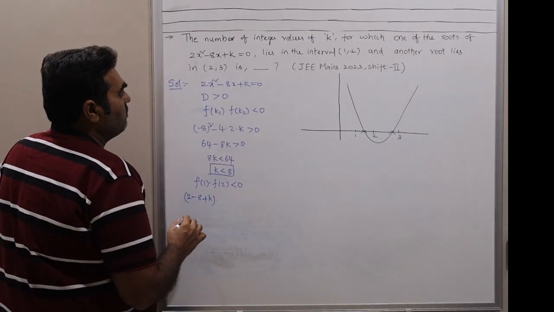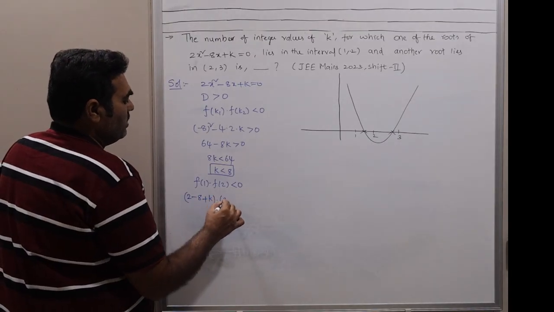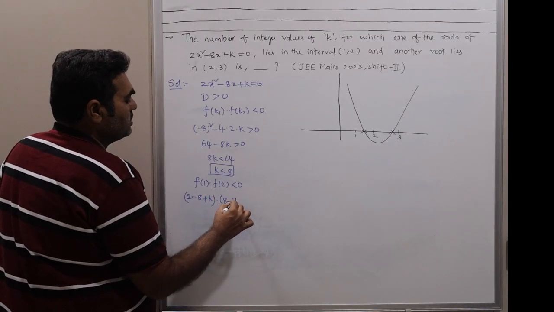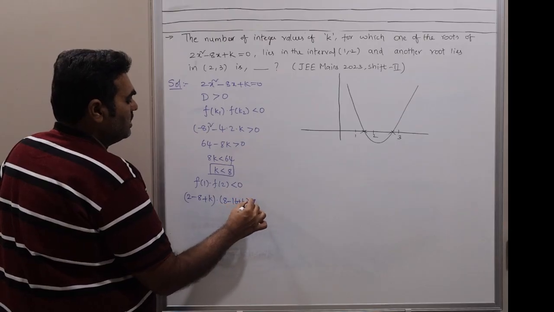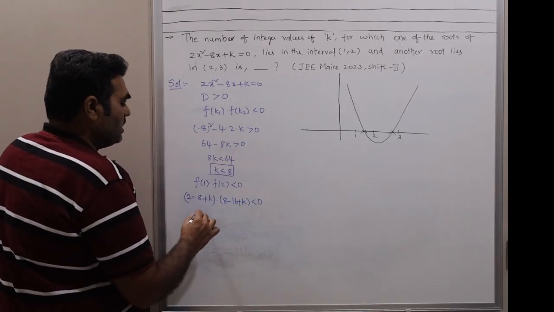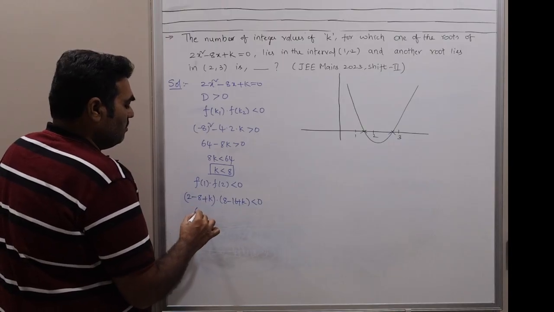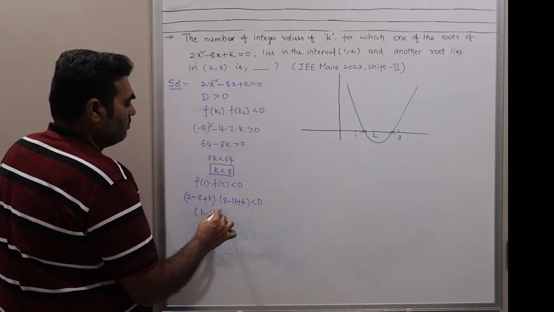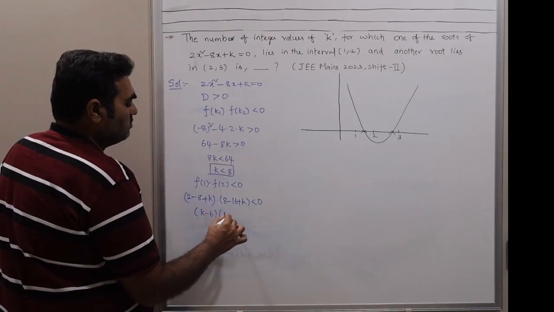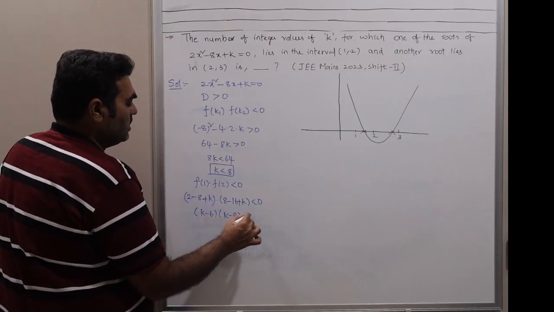And f(2) is 2 into 4, 8, minus 8 into 2, 16, plus k. If I simplify this, I will get (k − 6) here and (k − 8) here, less than 0.